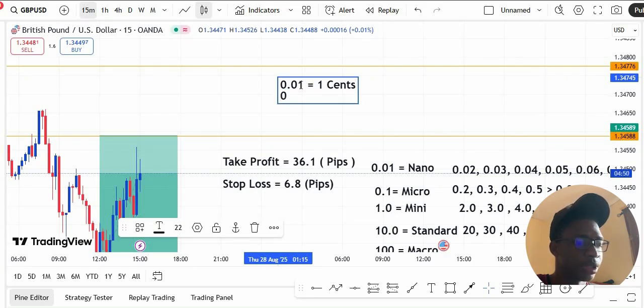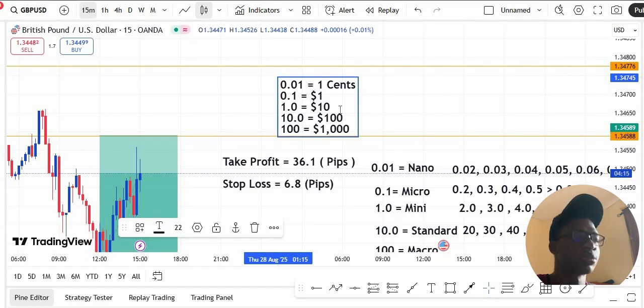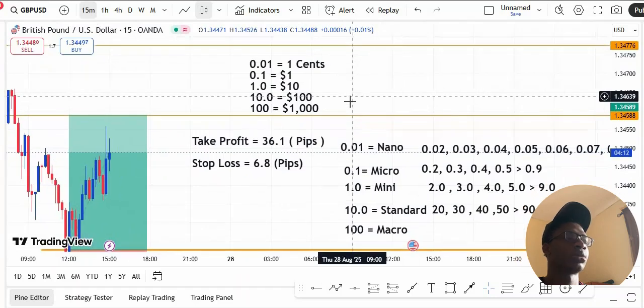For the 0.1, it's going to be giving you $1. 1.0, $10. 10.0, $100. 100, $1,000.